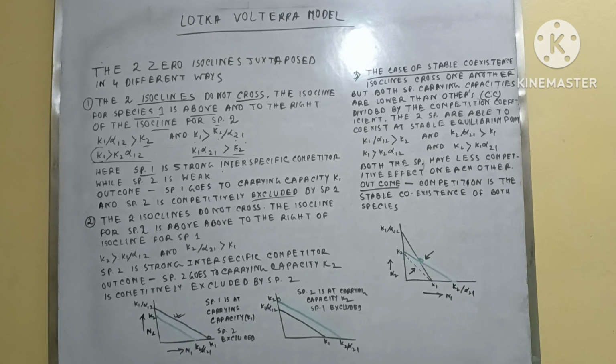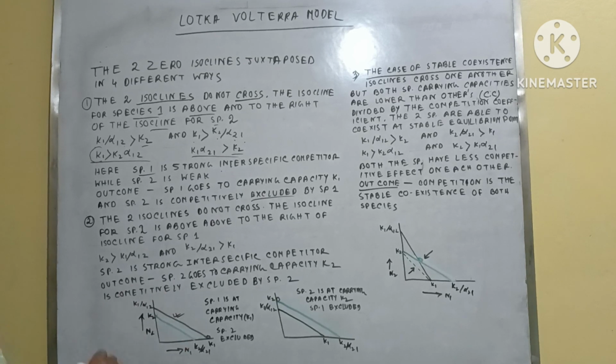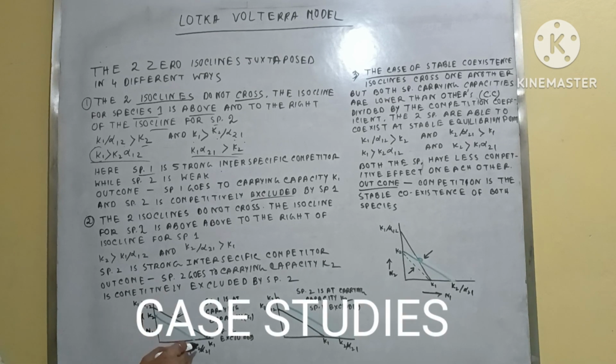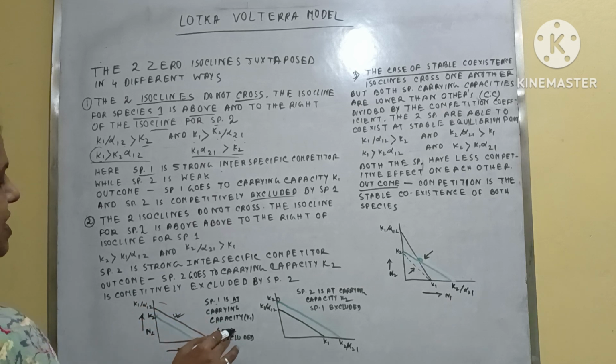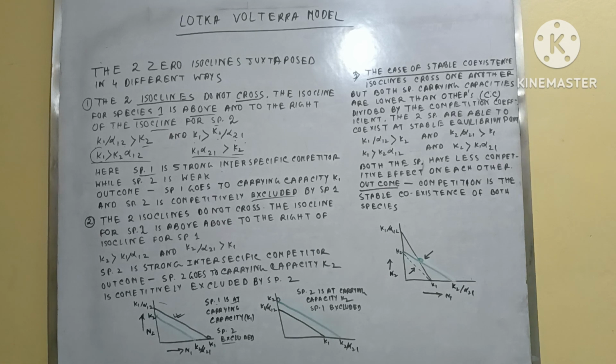Species 1's carrying capacity goes on, but species 2's carrying capacity is excluded. Here is the graph, and you can see the isocline of species 1 is above. So the existence of species 1's carrying capacity remains, but species 2's carrying capacity is excluded, lower than this.